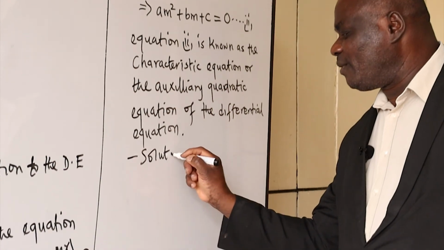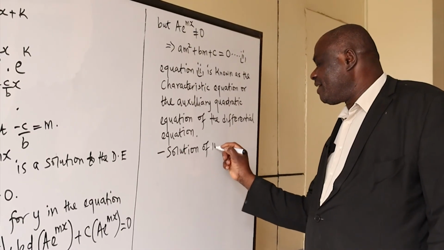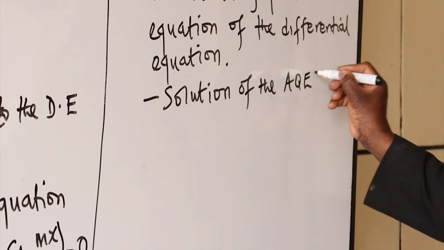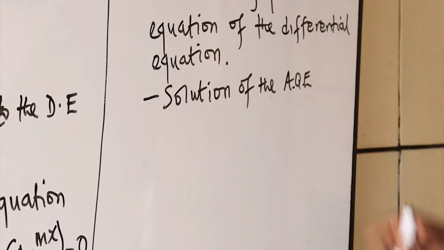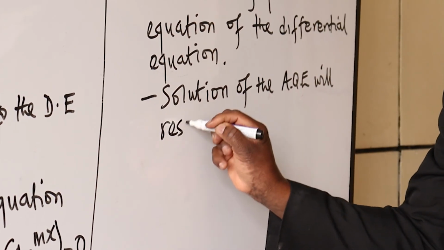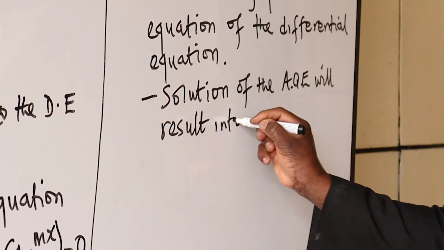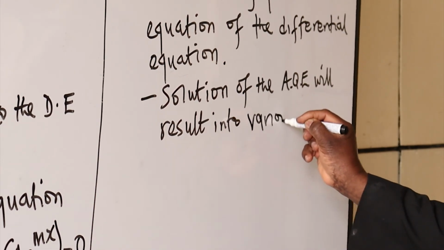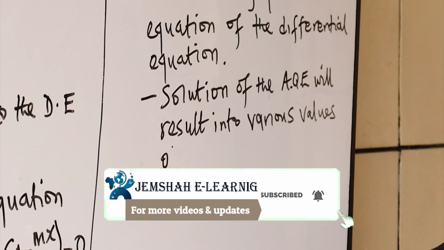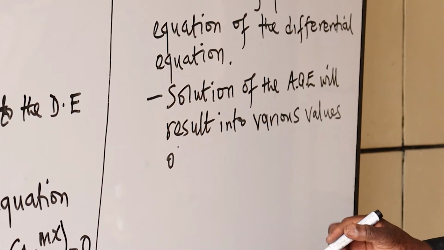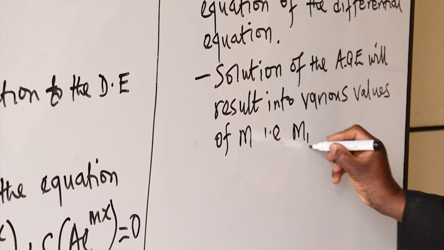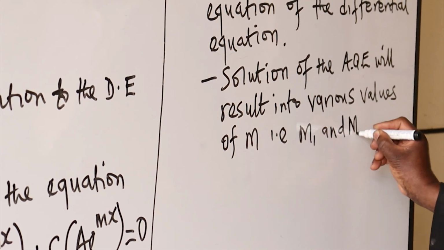Solution of the auxiliary quadratic equation, the AQE, will result in various values of m, that is m1 and m2.